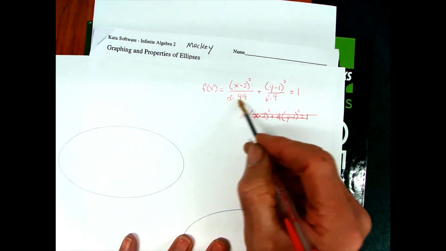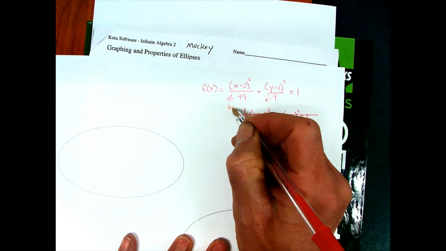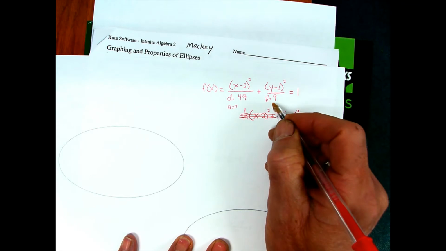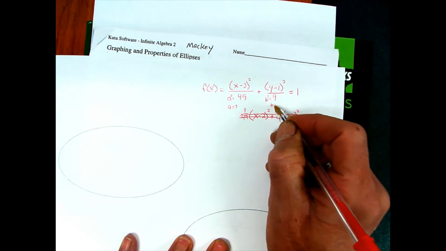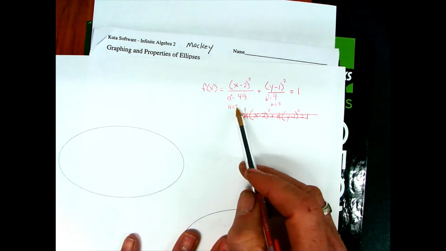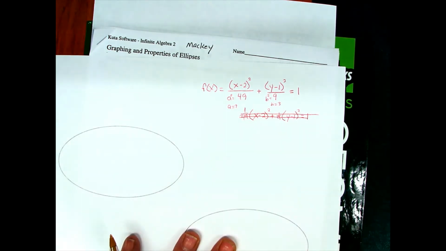Well, like I said, this is A squared, and the square root of 49 is 7, so A equals 7. And the square root of 9 is 3, so B equals 3. This gives us the length of the vertex or co-vertex from the center point. And we'll get into that in just a minute.